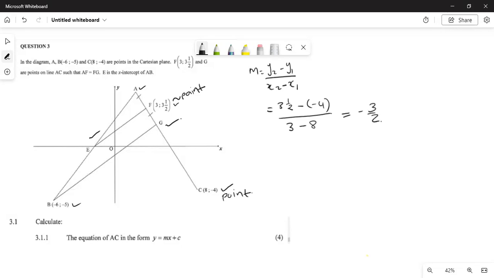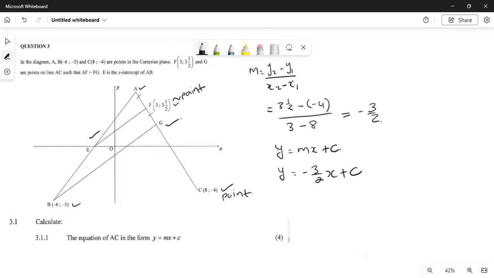So once we have that, we can substitute into y = mx + c, where we know that our m is -3 over 2. So all we require now is to substitute in a point. Let's substitute the easier one, the one without the fraction.